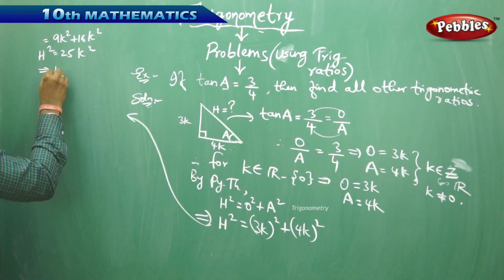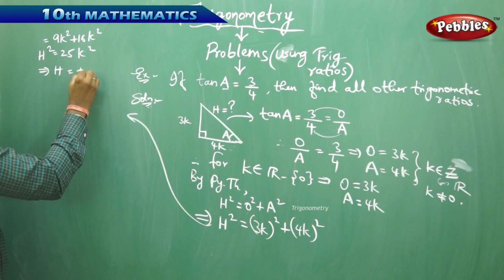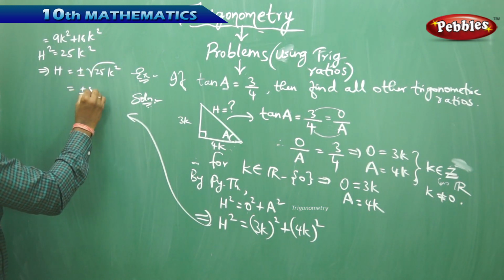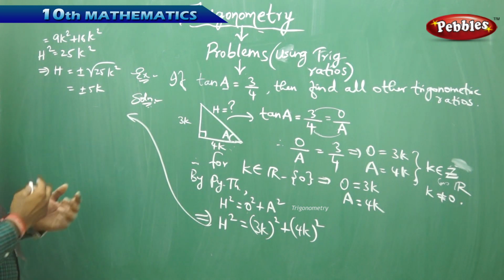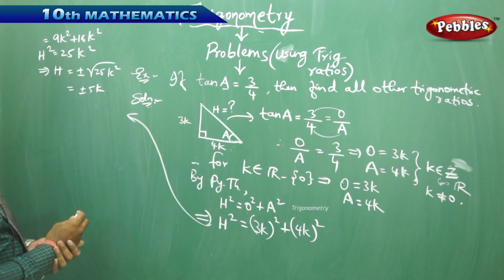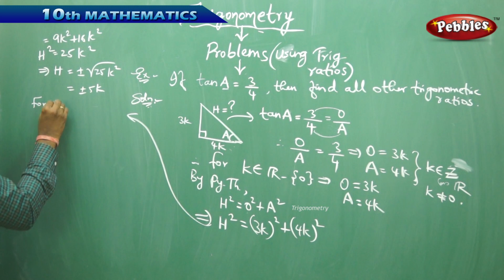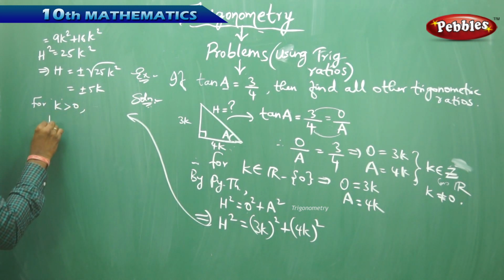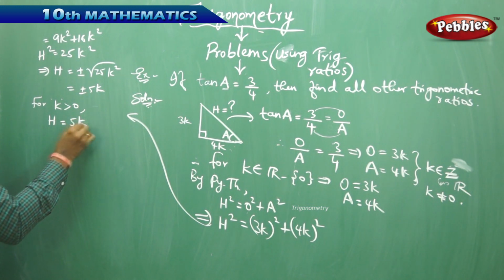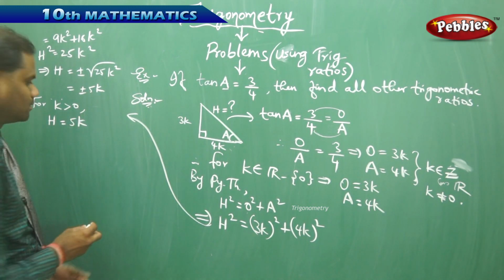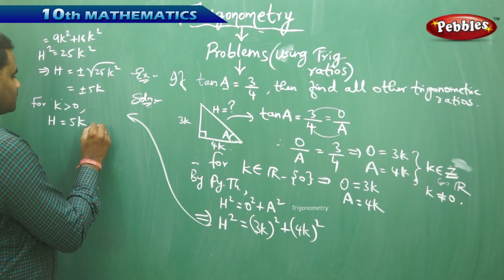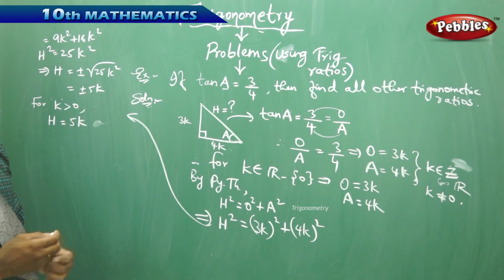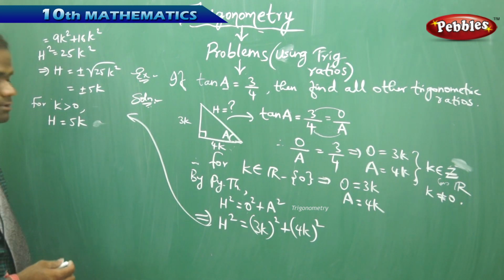That implies my h is plus or minus root 25k square, that is plus or minus 5k, but I don't take the negative value. Assuming k is positive, for k greater than 0, hypotenuse cannot be negative, so I take 5k, because lengths are always positive.